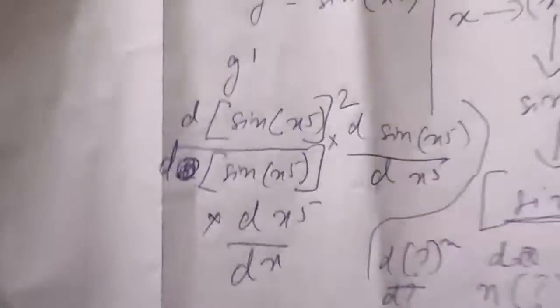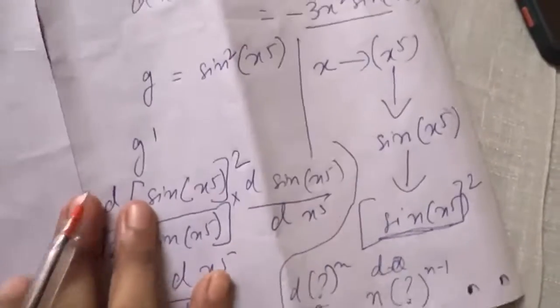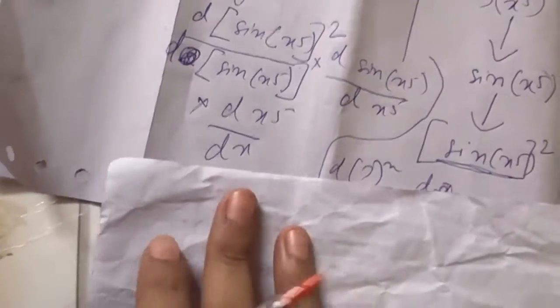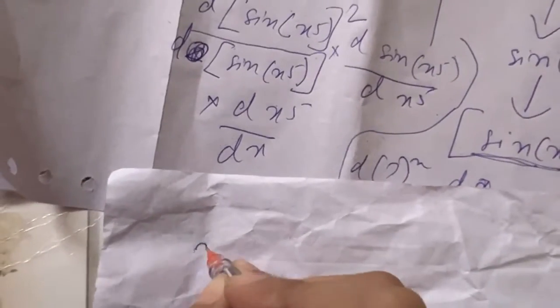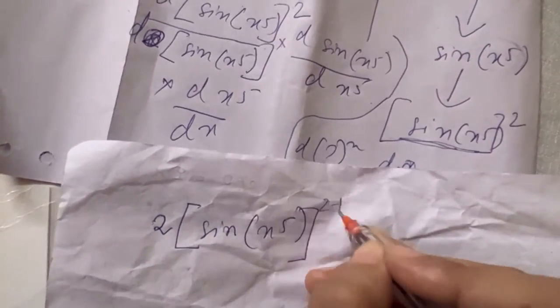So let's move on to the basic formula that we have: sine x to the power 5, 2 minus 1, and anything to the power 1 is that number itself. So I'm just not writing it anymore.